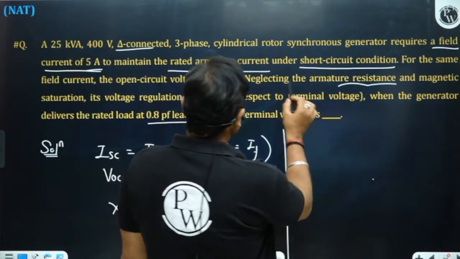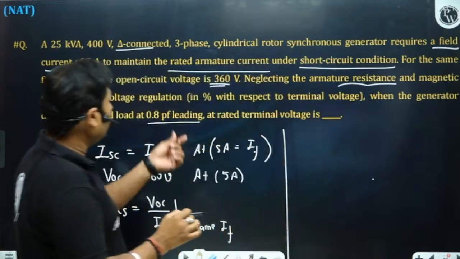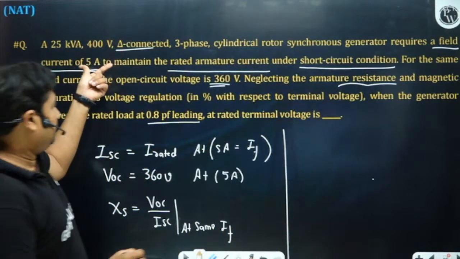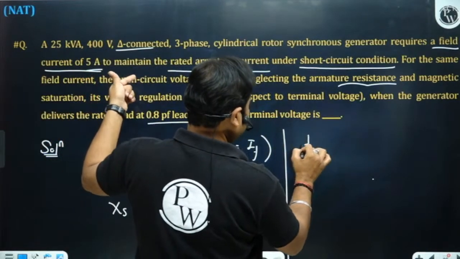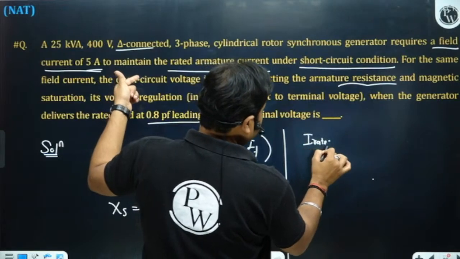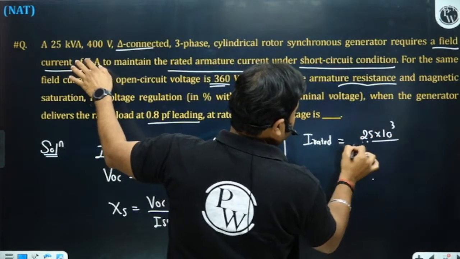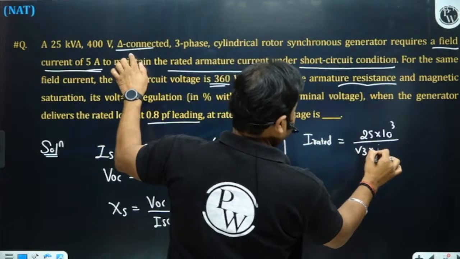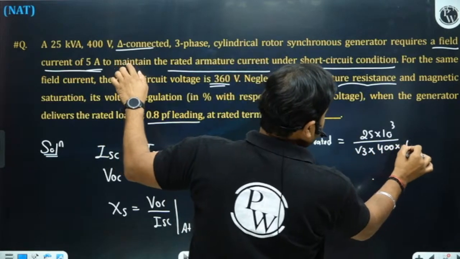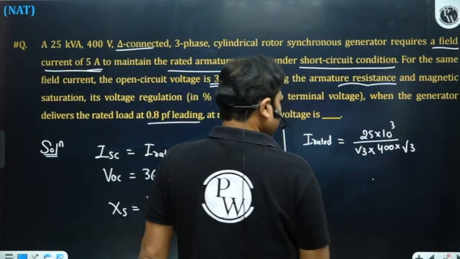Now, what is the value of ISC? ISC is equal to I rated, so rated per phase current. Rated current is 25 kVA divided by root 3 times line voltage. Why am I doing this? For finding phase current.